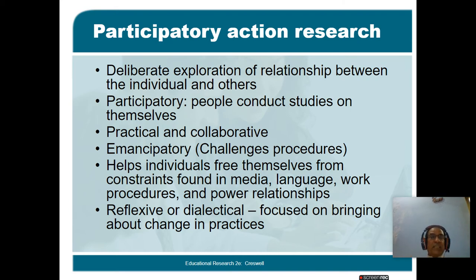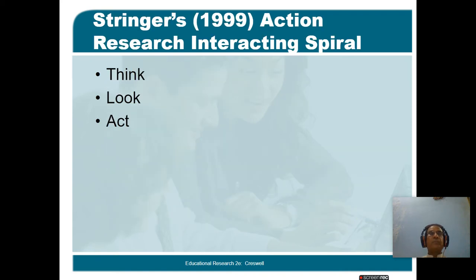It also implicitly challenges the procedure of conducting research. Participatory action research helps individuals free themselves from constraints found in media, language, work procedures, and power relations. Participatory research is reflective or dialectic, focusing on bringing about change in practice. So the main purpose of participatory action research is to bring change in teaching and learning in the classroom.